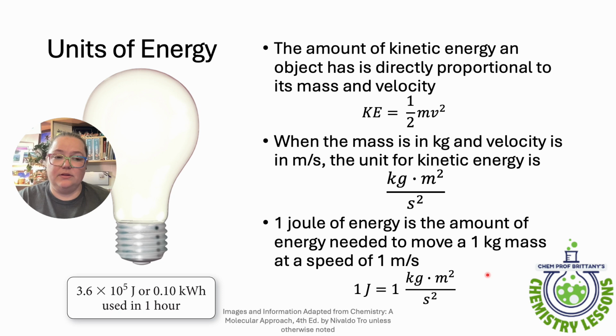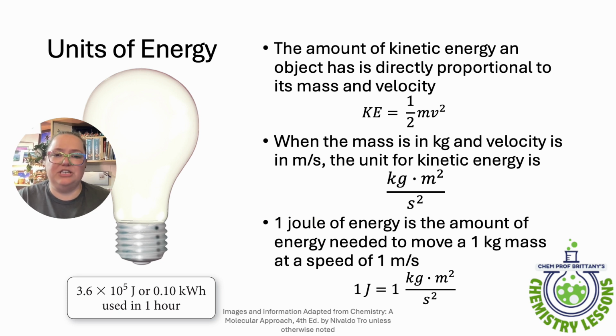Energy, we have some specific units that we use to talk about them. Kinetic energy is directly related to the mass and the speed at which the thing is moving. When we measure mass in kilograms and velocity in meters per second, we get this really ridiculous looking unit, which is equal to what we call a joule.